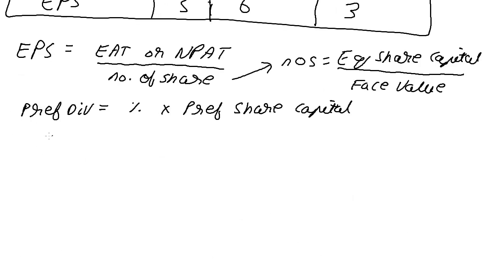Similarly, for equity dividend, it would be the same logic, but that does not come up over here. Interest is equal to the rate into the loan amount or value, better than value we can say debenture capital.